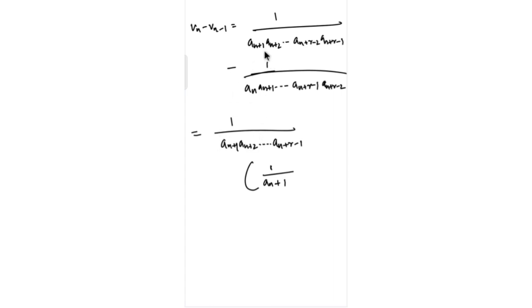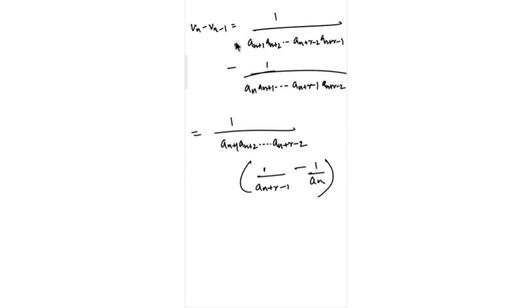So what is remaining is an+1 an+2 so on an+r-1. In the second bracket we will not get an+r-1, so till an+r-2 is only common, into 1 by an+r-1 minus 1 by an.